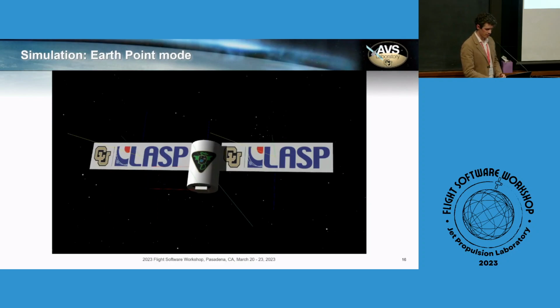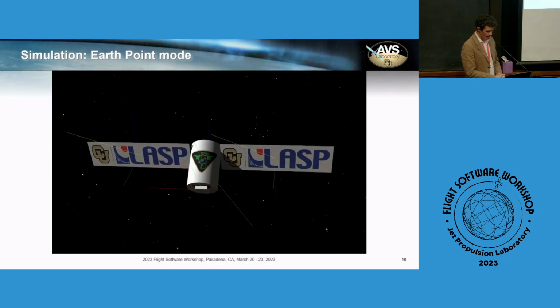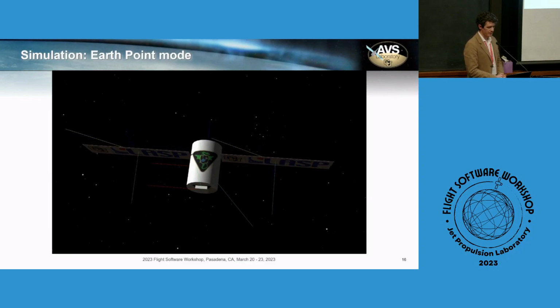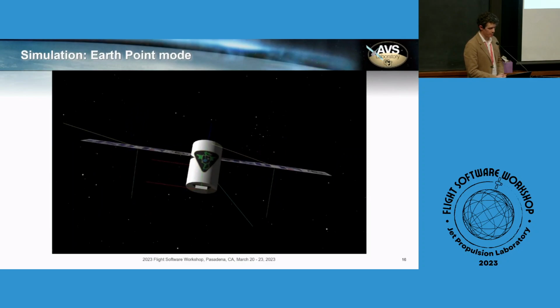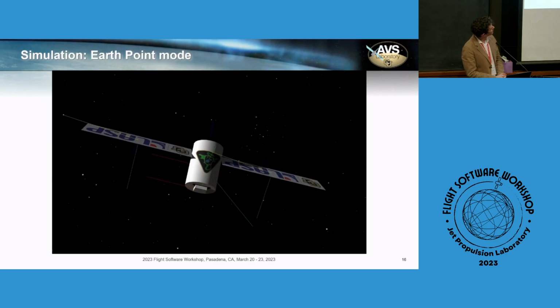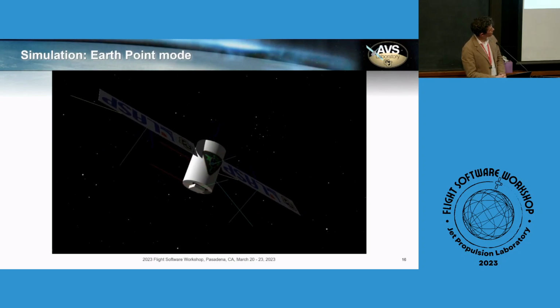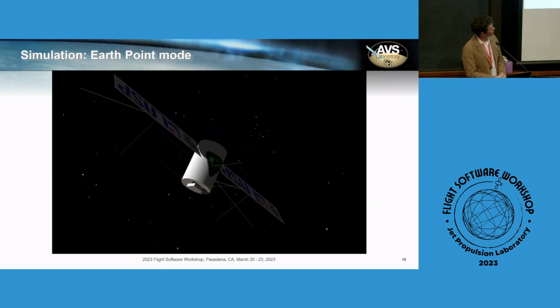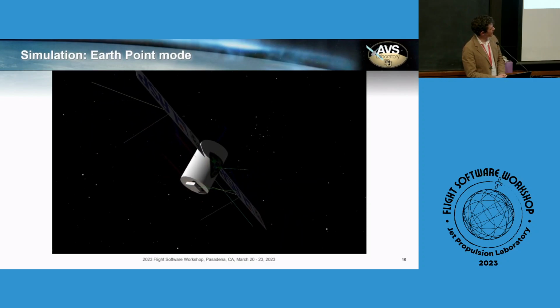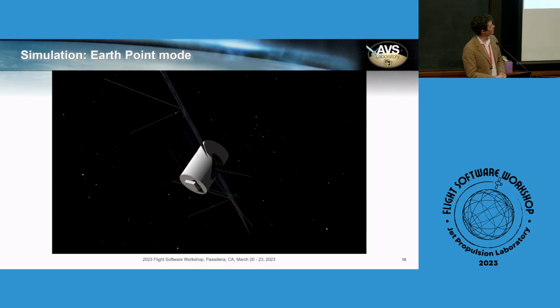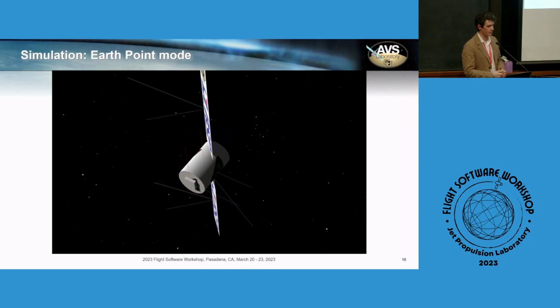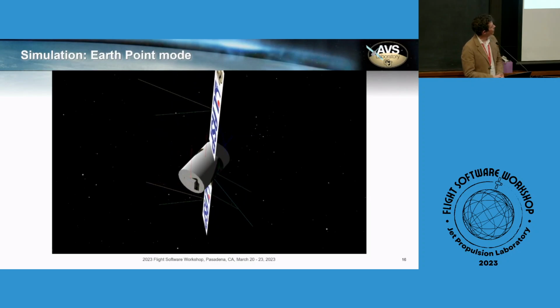So if we run this simulation, we can see that the solar arrays are apparently turning away from the sun. Now you're probably wondering what they're doing, but it turns out they actually know what they're doing, because as the spacecraft rotates around to align the high gain antenna with Earth, the solar arrays are also informed of where they need to point in order to achieve that pointing requirement.